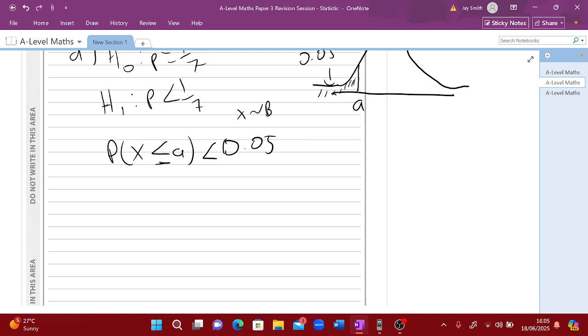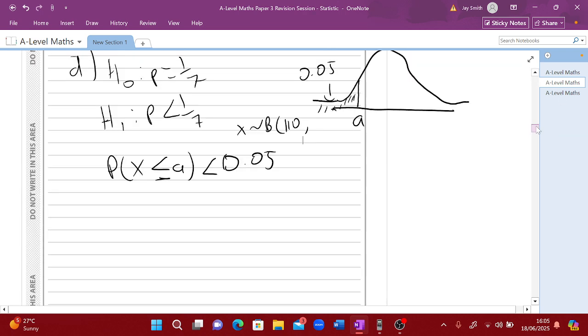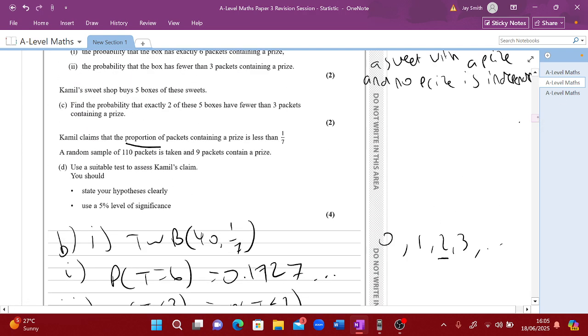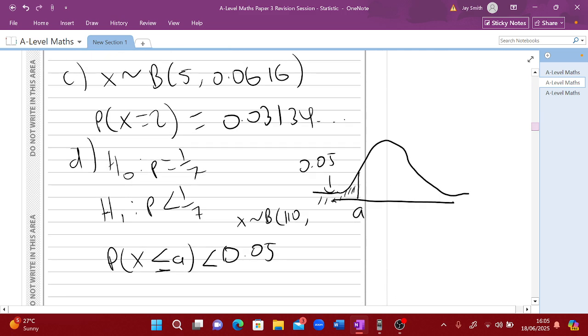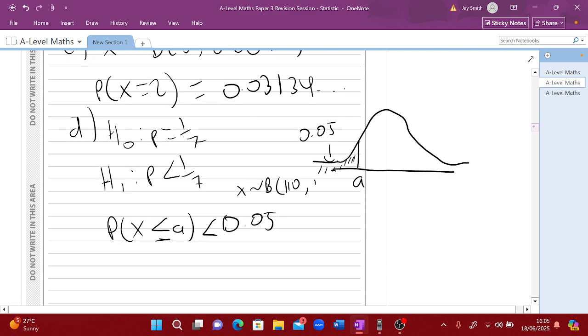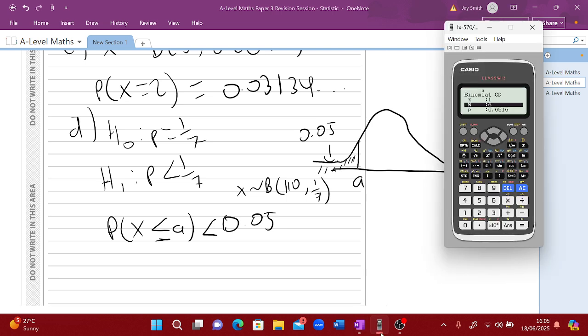X is binomial. N was 110, wasn't it? Yes, 110, and obviously the probability is still 1 over 7. So then we're going to use that parameter. So 110 and 1 divided by 7.